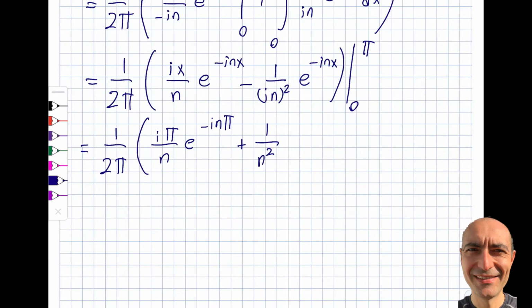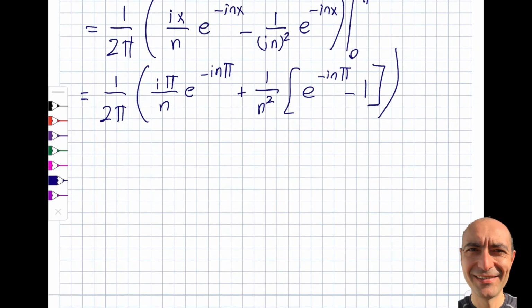I hope you've seen that. When I put pi, I'll get e to the minus i n pi. What is e to the minus 0? Because when I put x equal to 0, I will get e to the power of 0, which is 1, right? So I'll have this. I think that's it for now. Yeah, this is good. Okay, I will combine this term and this term together, because these are both multiplied by e to the minus i n pi.